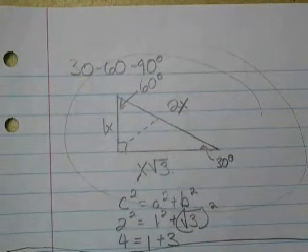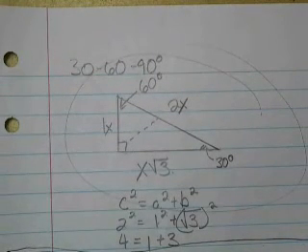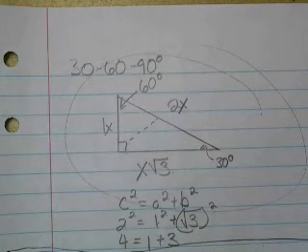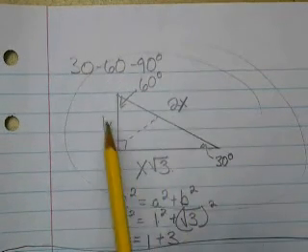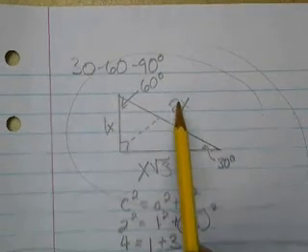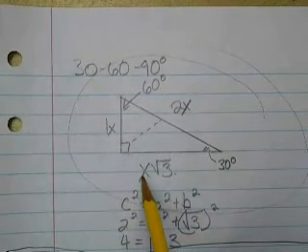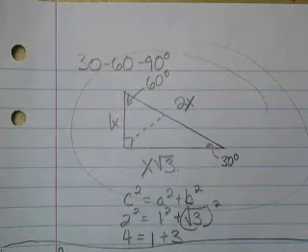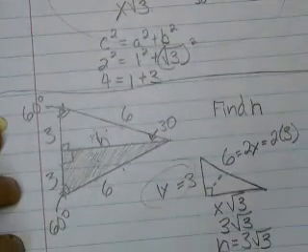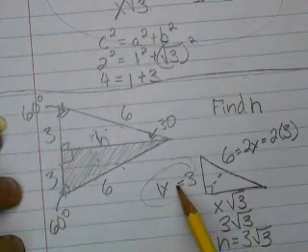So remember on the 45-45-90, the relationship was x, x, and x times the square root of 2. Now on the 30-60-90, the relationship is 1x, 2x, and x times the square root of 3. Well, in the picture they gave us 3. That's the shortest leg. That would equal 1x.